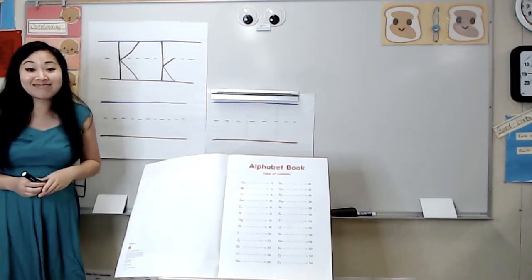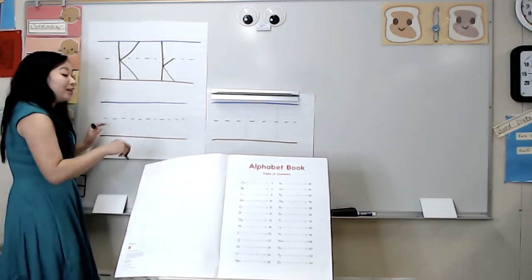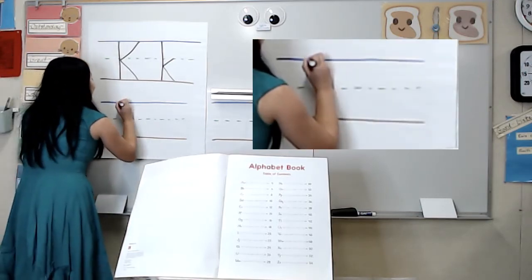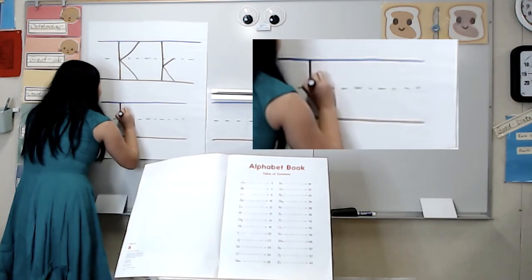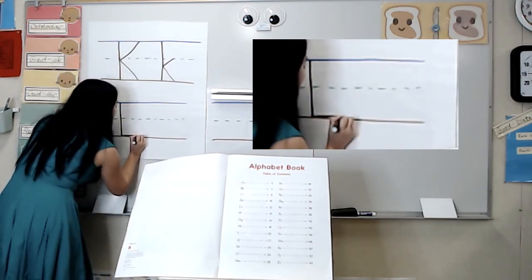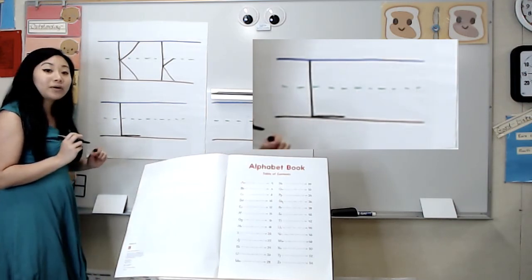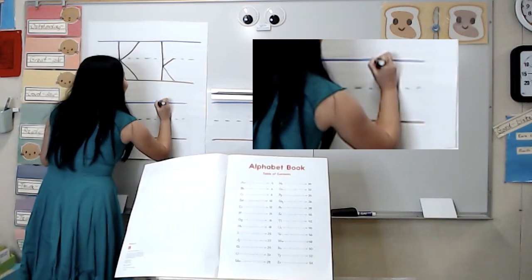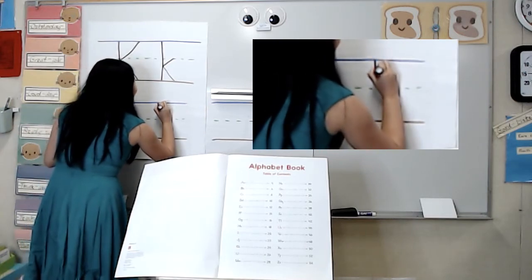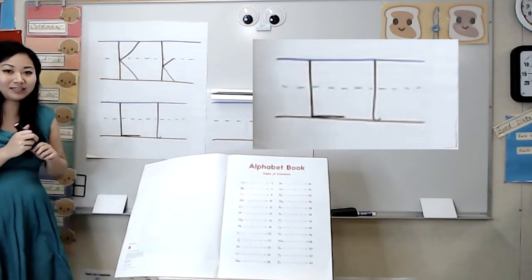I'm going to write the letter L. For letter L, you start in the sky, touch the ground, and across the ground. That's an uppercase L. For lowercase l, you start in the sky and a small tail on the ground.